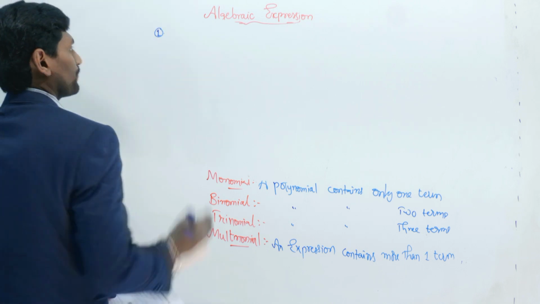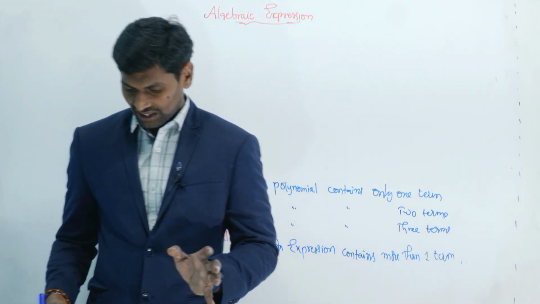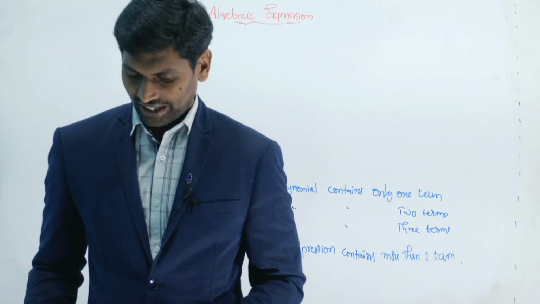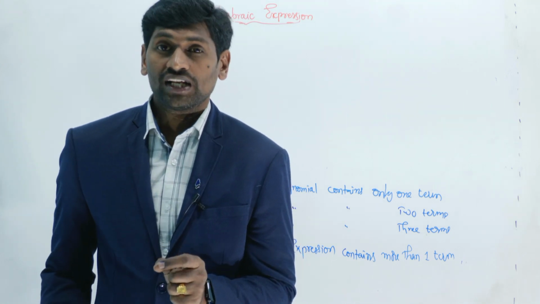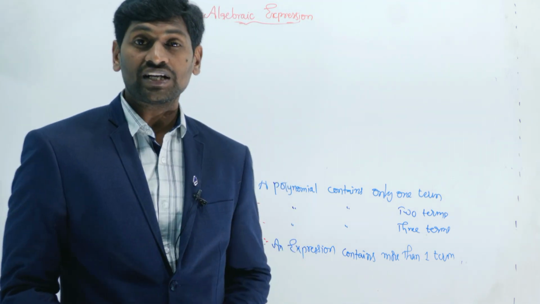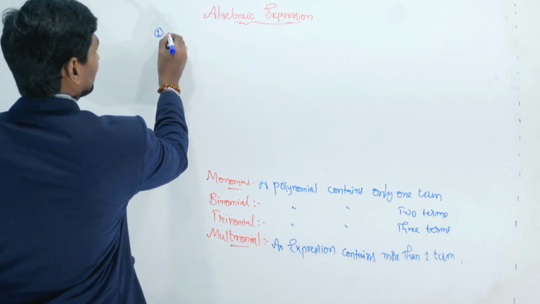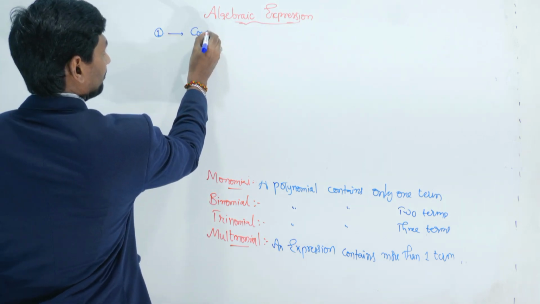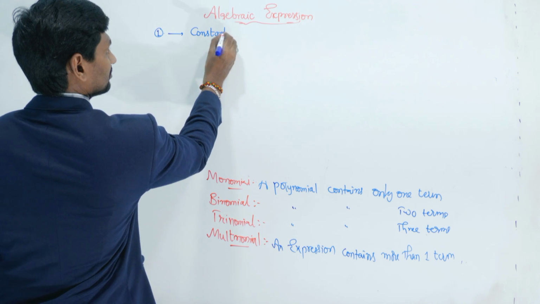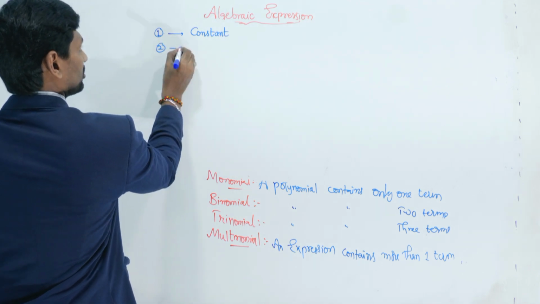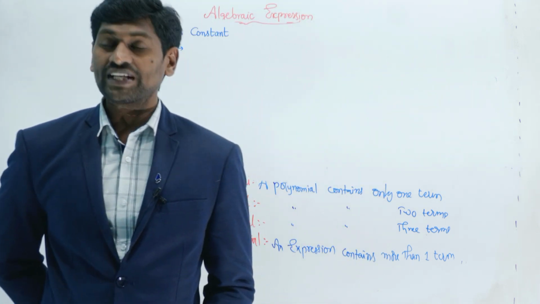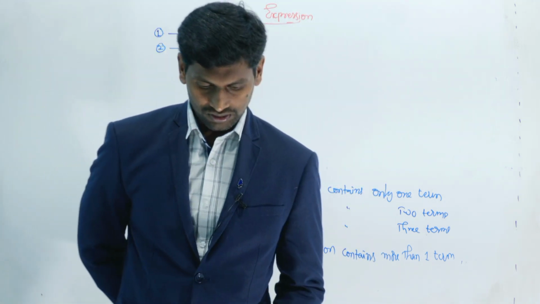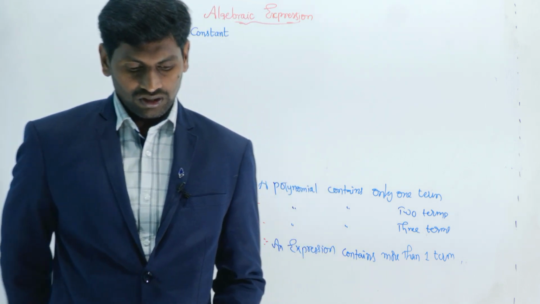Question number 1. The symbol which can take various numerical values is called. Numerical values are nothing but numbers, and numbers are represented with constants. Now question number 2: the symbol which has a fixed value.